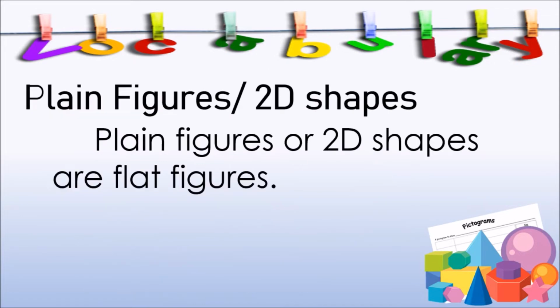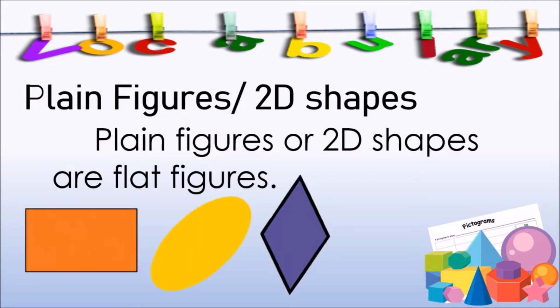Plane figures or 2D shapes are flat figures. For example, a rectangle, an oval, a rhombus, and a hexagon.